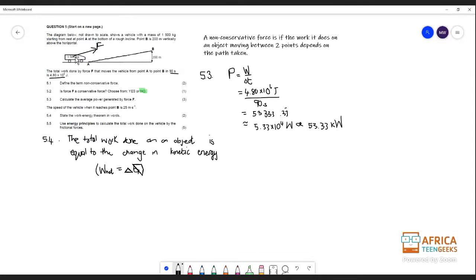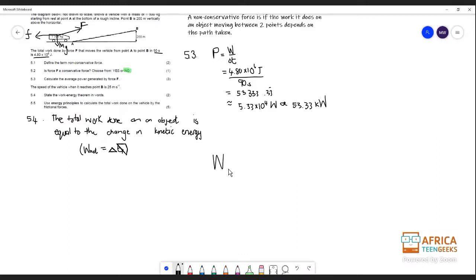You have your frictional force from this rough surface that is trying to push it back. That's your frictional force. And when it gets here to B, you're also going to have your normal and mg, your weight that plays into it. So when we work out the work net, we actually now have to take all of that into consideration.